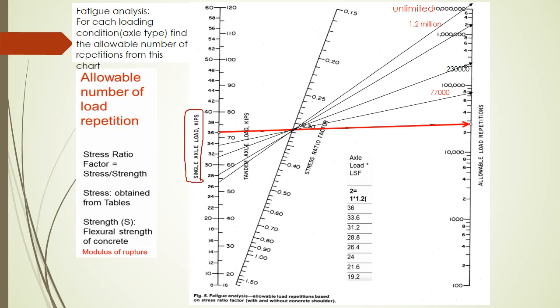So the first axle weight is 36 and we have the stress ratio factor 0.317. So you will join 36 with 0.317. You will obtain this value as the allowable load repetitions.